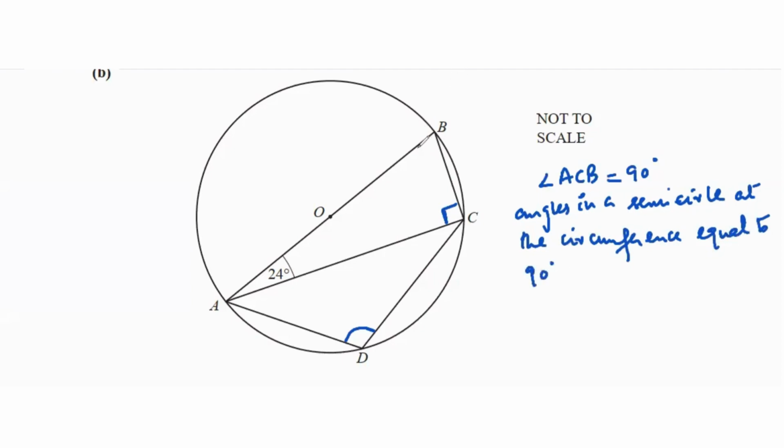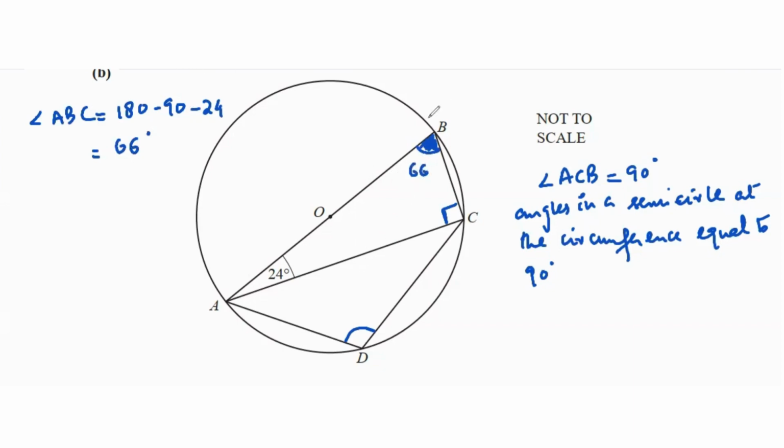So we can start by finding this angle now. Angle ABC is going to be 180 minus 90 minus 24, which is going to equal 66 degrees.